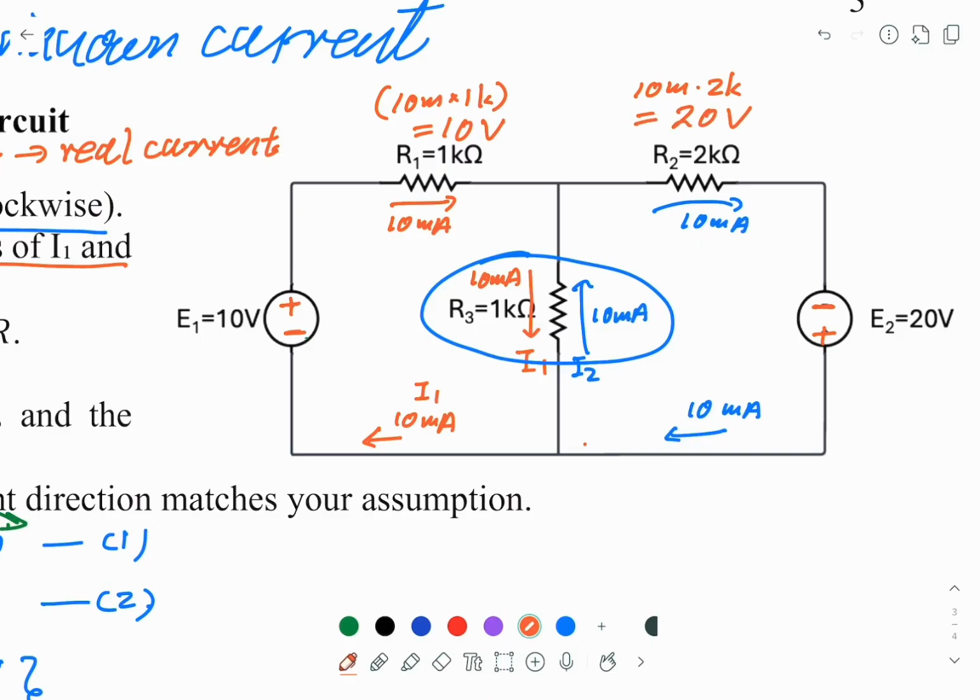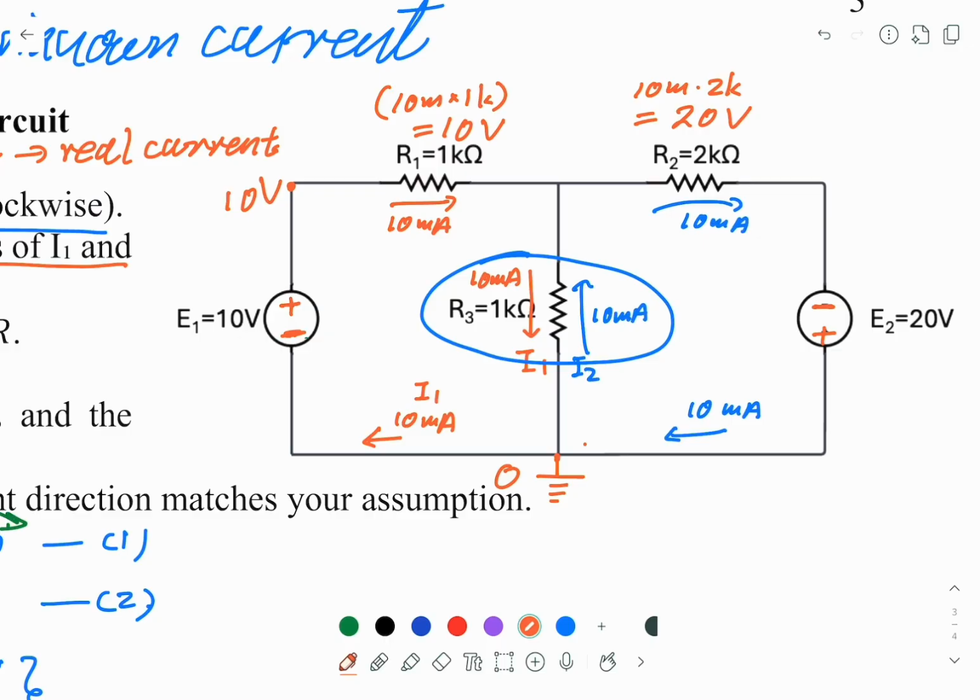Now let's analyze the voltage at this circuit. This is negative. We can assume this point is ground. It means it's 0. Now this is 0, and then the E1 voltage source is 10 volt higher. So this point here should be 10 volt.